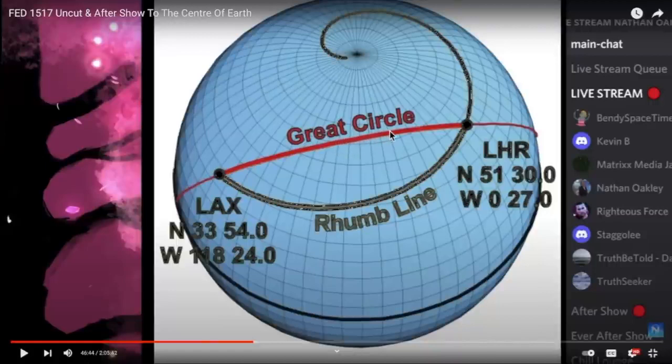But if you look at the great circle distance and compare it to the lines of latitude, you see how they're different? You see how the angle here, it's coming up into that meridian, and here it's going down away from the meridian? That's the difference between a rhumb line and a great circle. The shortest distance between any 2 points on Earth, as well as on the surface of a sphere, is that great circle distance.